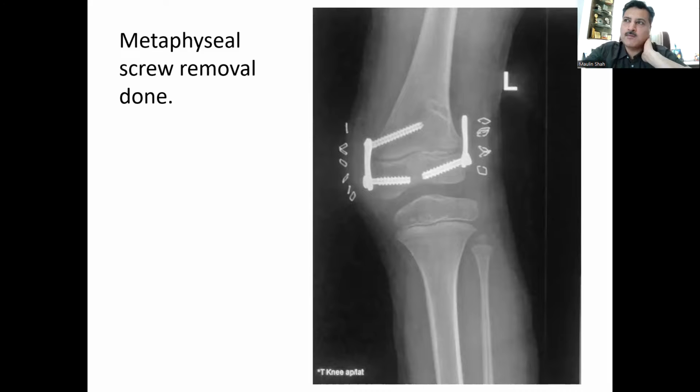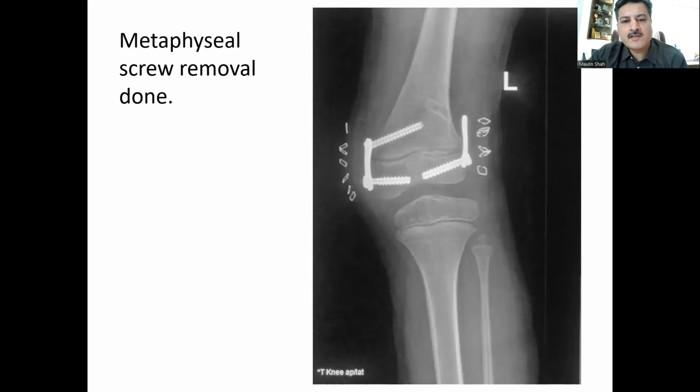So if we are aiming at more than 30-degree correction, then you might have to replace your screw again once you achieve optimum correction. I do not mind if there is mild divergence, because most of the deformities are not in excess of 30 degrees.